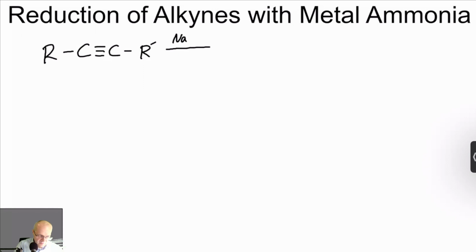Sodium metal and liquefied ammonia. The sodium here is sodium metal, so it's not the cation, it's the actual metal with the one valence electron. And the NH3 ammonia is liquefied.